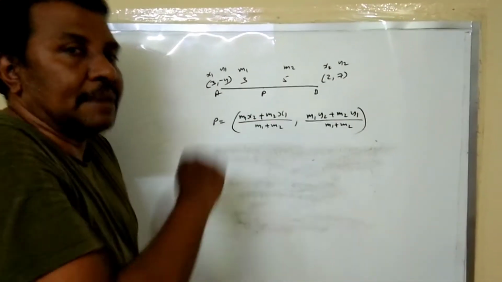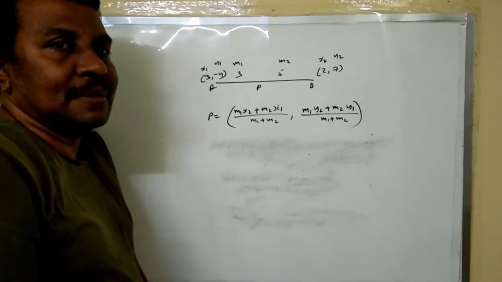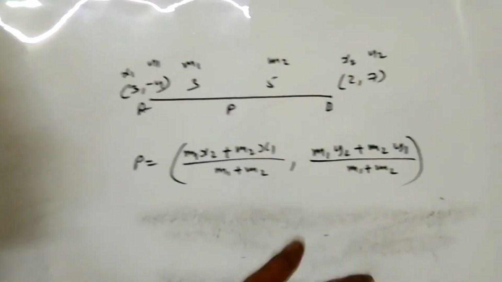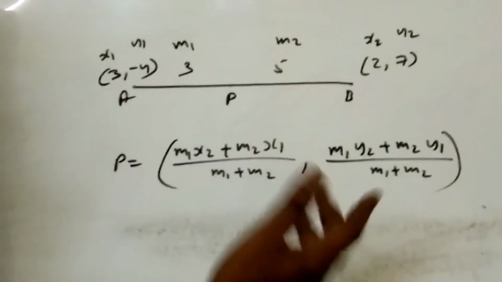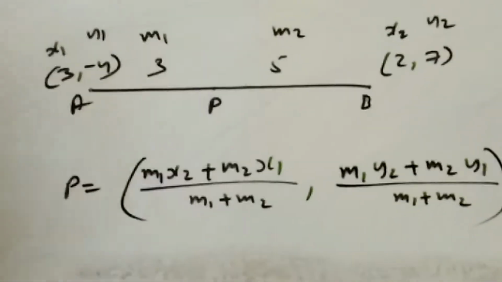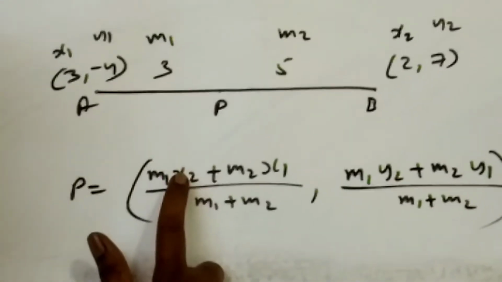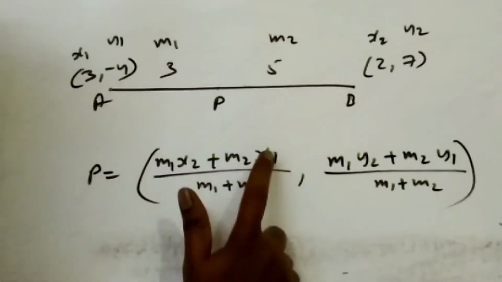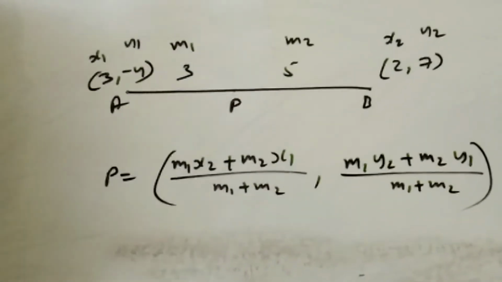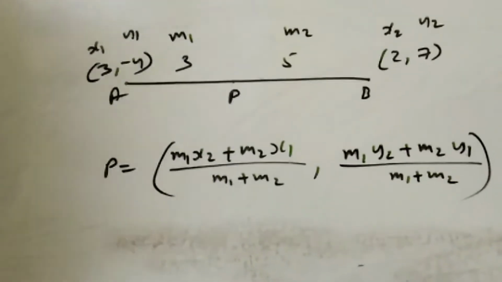The result will be the same because both terms are added, so by the commutative property a plus b equals b plus a. Same for the y coordinates. But if you write m1 x1 in place of x2, and x2 in place of x1, that is m1 x1 plus m2 x2, then you will get a wrong result. So never write like that.